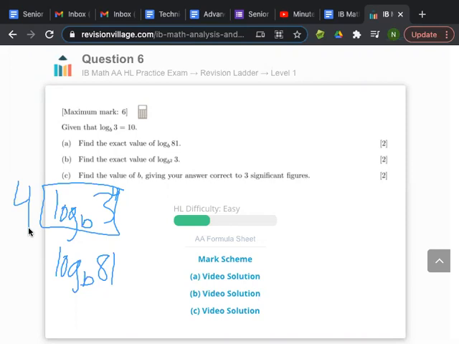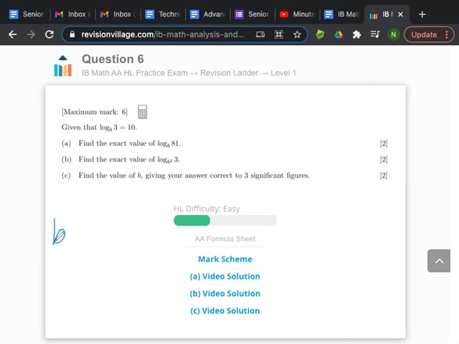Okay, so now tell me about log base b squared. So now it's b squared in the base instead of 3.